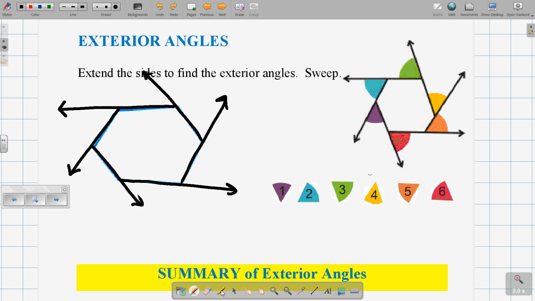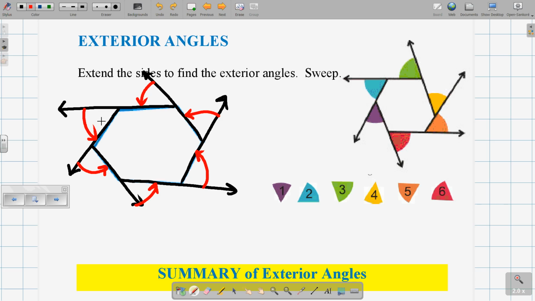Alrighty, now I'd like you to sweep the exterior angles right here. Ready? Sweep, have it do an arrow. These are called exterior angles. They're angles created by the extended side, and it's exterior.